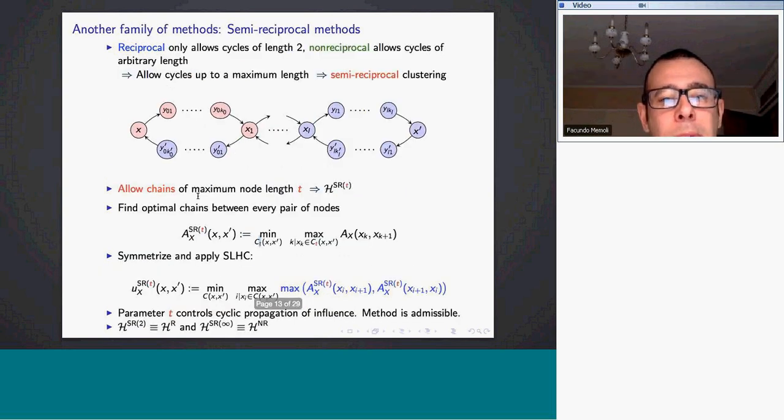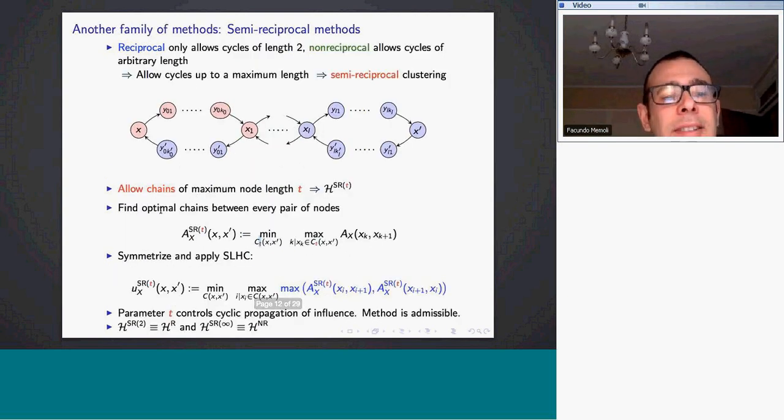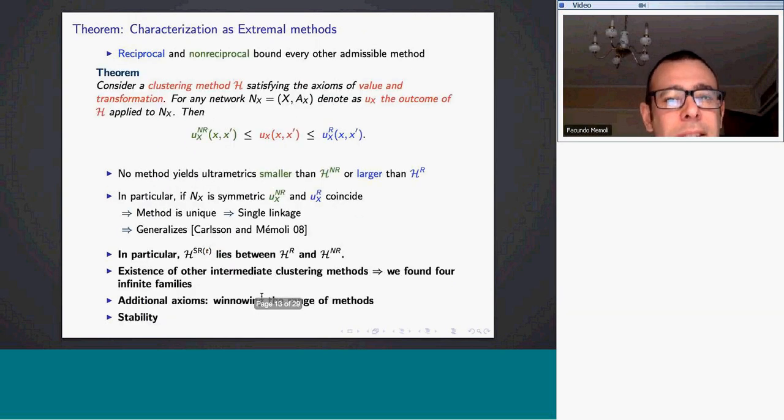So this says that these methods, the H sub SR of t, are all admissible as well. Now, we have the following result.